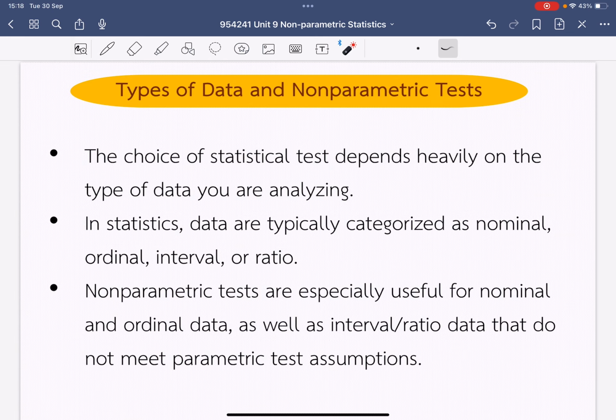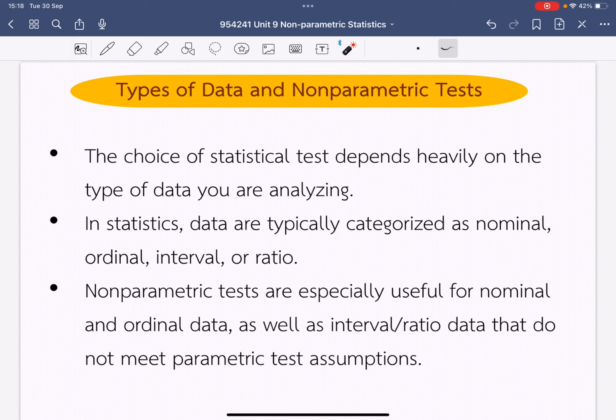All right. When we pick a statistical test, it depends heavily on the type of the data you are analyzing. It depends on the type, like are they numbers or not numbers? They are qualitative or quantitative. For qualitative, we have subtypes of the data as well.